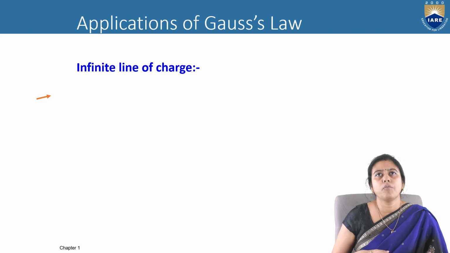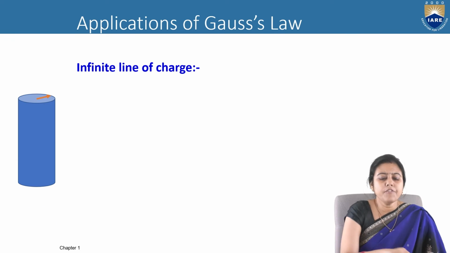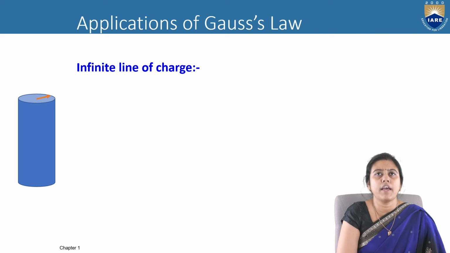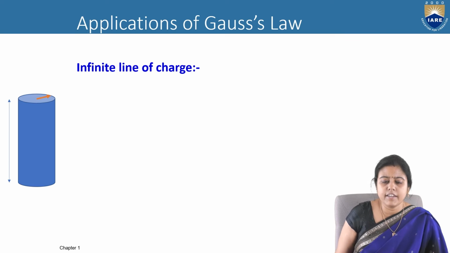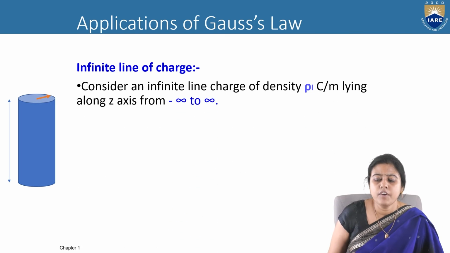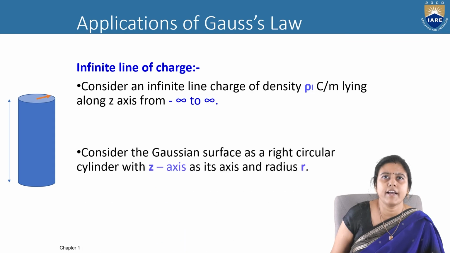Using the Gauss law, we can calculate the field of an infinite line of charge. Say we have an infinite line, as we discussed in the magnetic field, the same thing. We have an infinite line, cylindrical in nature, and consider the line charge rho L coulomb per meter along the z-axis.